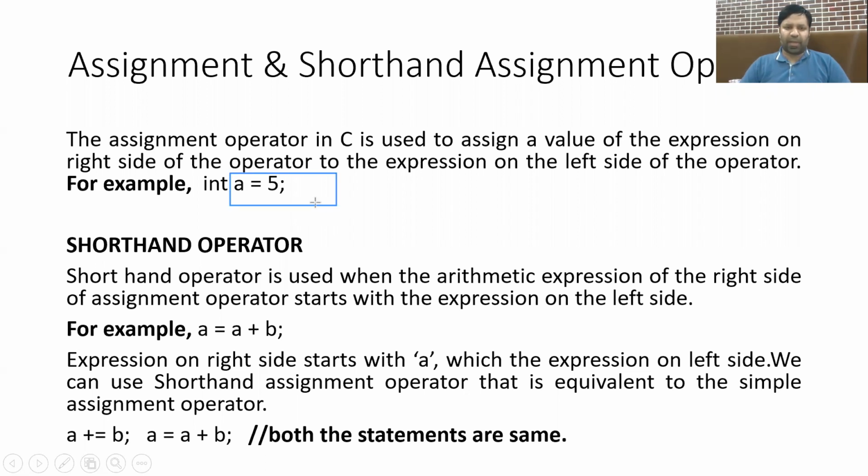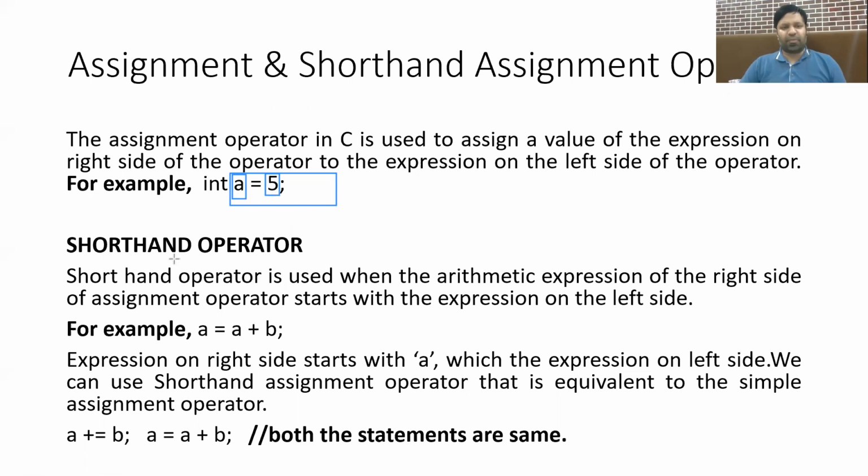We have two operands, 5 which is on the right hand side and A, which is on the left hand side of the assignment operator. So what is the job of the assignment operator? To assign the value of the expression on the right hand side, which is 5, to the expression on the left hand side. So 5 will be assigned to A.